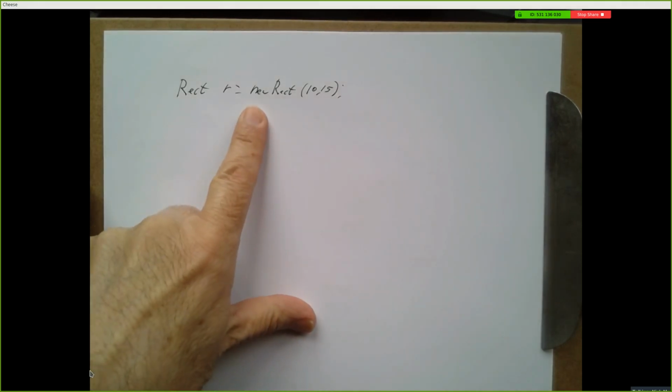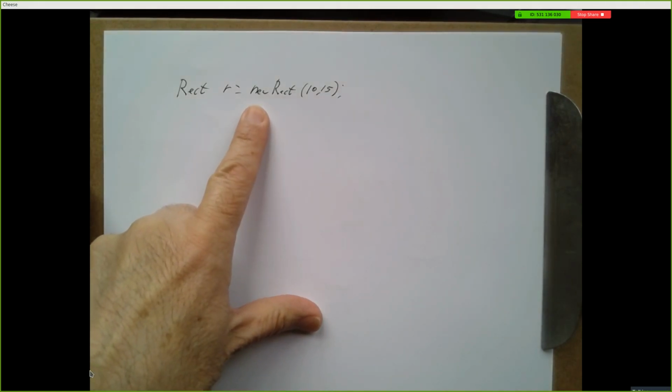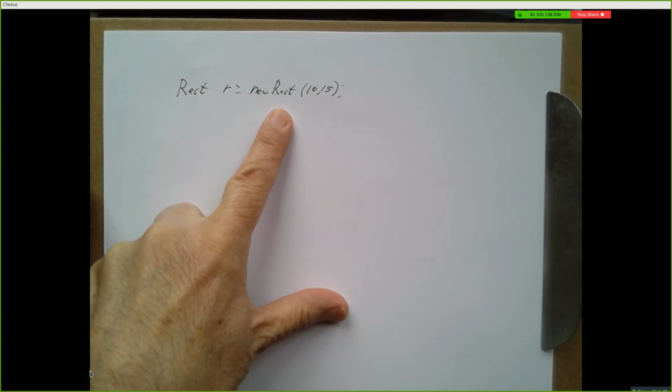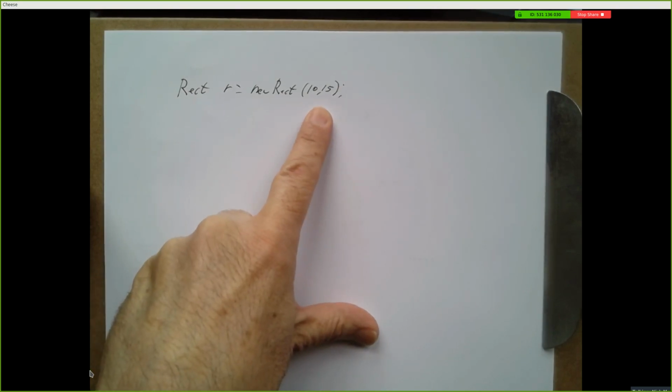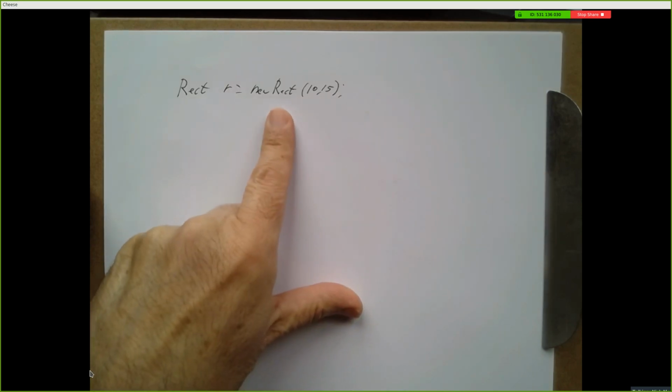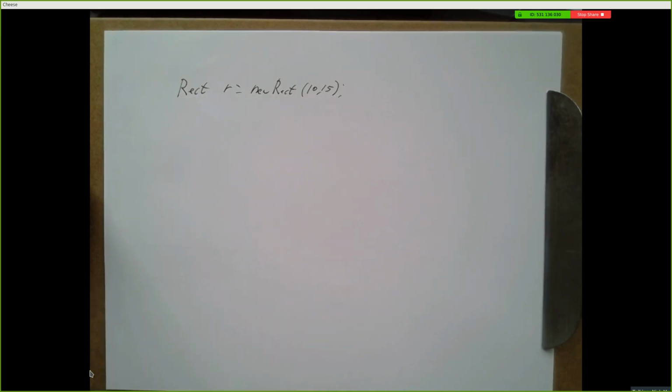When we do the new keyword, the Java virtual machine will go into this class and look for a constructor that takes 2 arguments that can be gotten from 10 and 15, so integers typically. And if it finds it, it will execute that code. It will allocate memory inside the virtual machine, kind of what we do with malloc in C. It will allocate memory in the virtual machine and then do whatever initialization is done by this constructor.